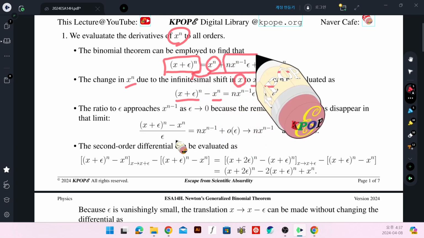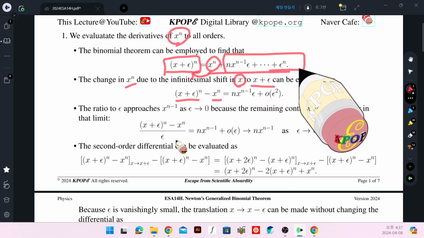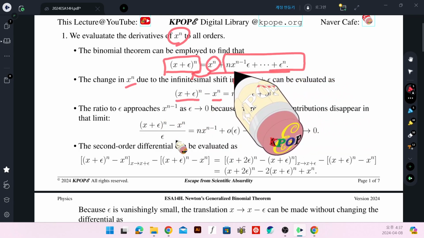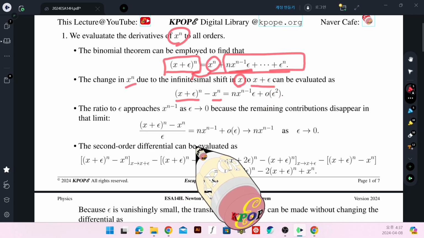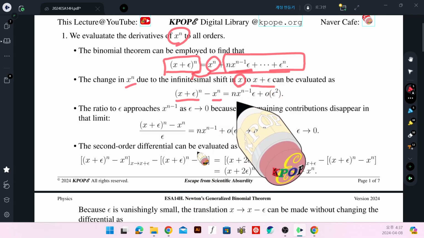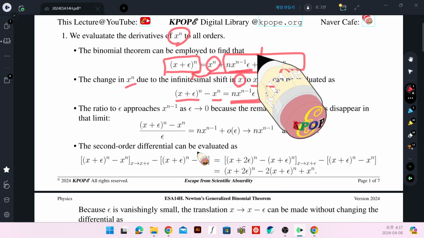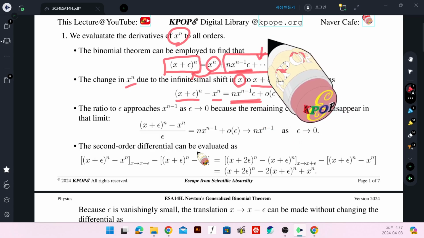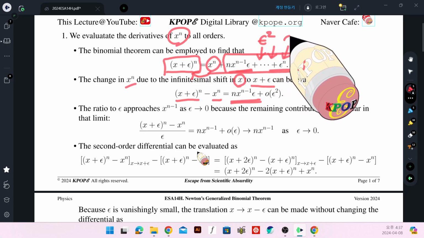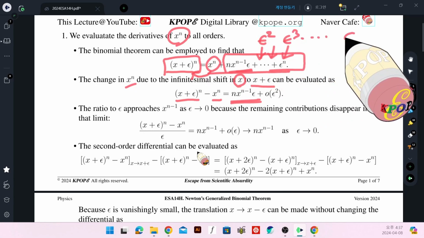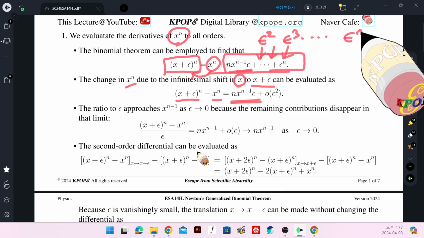The leading contribution among these terms is this, whose epsilon dependence appears in the first power. After that, these terms are of order epsilon squared, epsilon cubed, and so on, until the end, that is epsilon to the nth power.